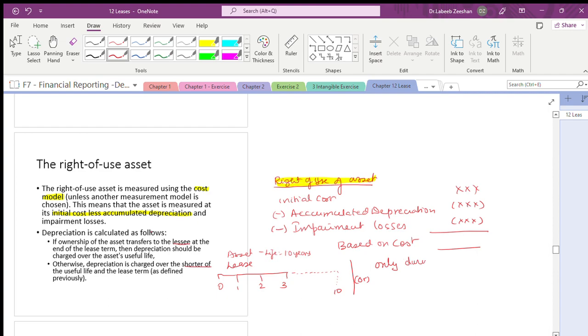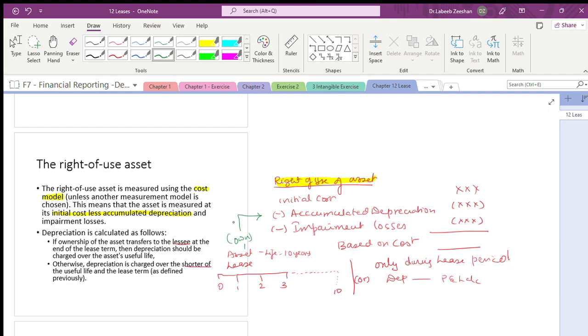Only during the lease period we will charge depreciation to the profit and loss account. That is the very important difference between the two. If we are going to own the asset after the lease period, the concept of accumulated depreciation will come.